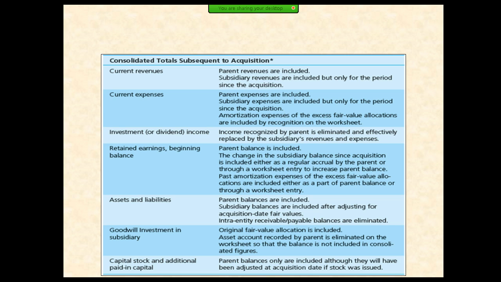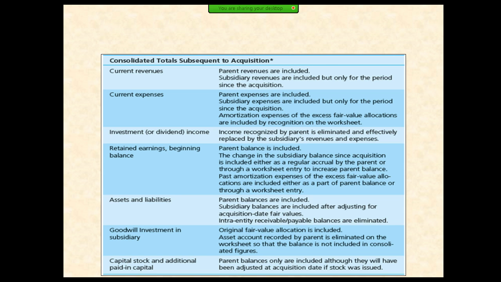Current expenses, of course, all parent expenses get included, and we're going to include all of the subsidiaries' expenses from the day of the acquisition forward. And then we amortize that excess fair value over the book values. We're going to have to create an amortization entry, and that's going to be a part of the worksheet.